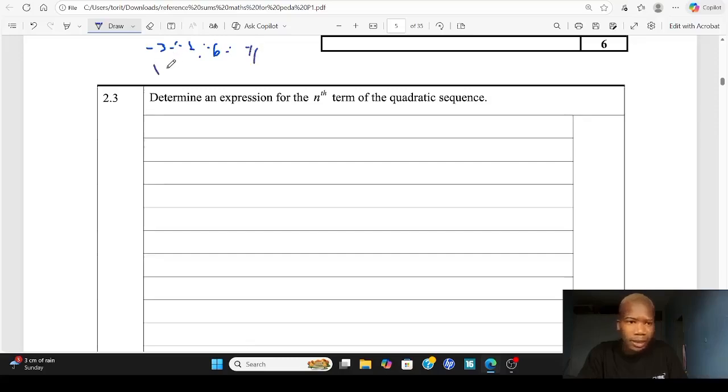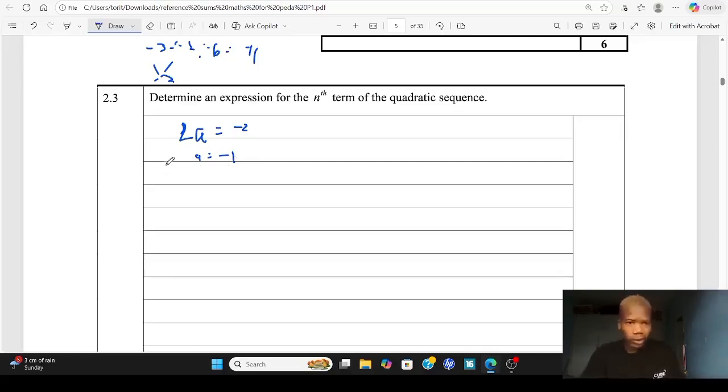We saw that the second difference of this sequence was minus 2. So we know that 2a is equal to the difference, which is minus 2. So the value of a is equal to minus 1.